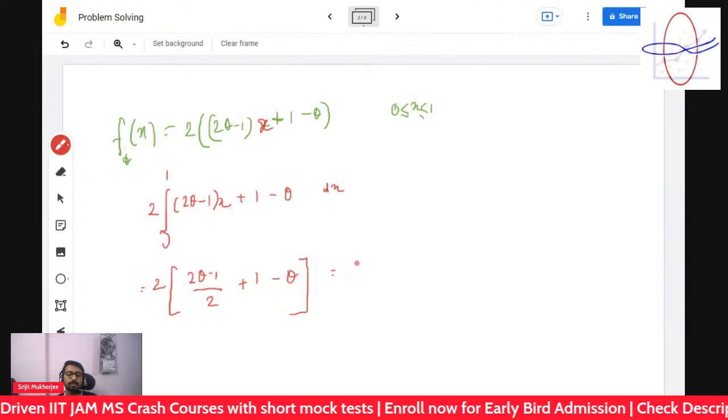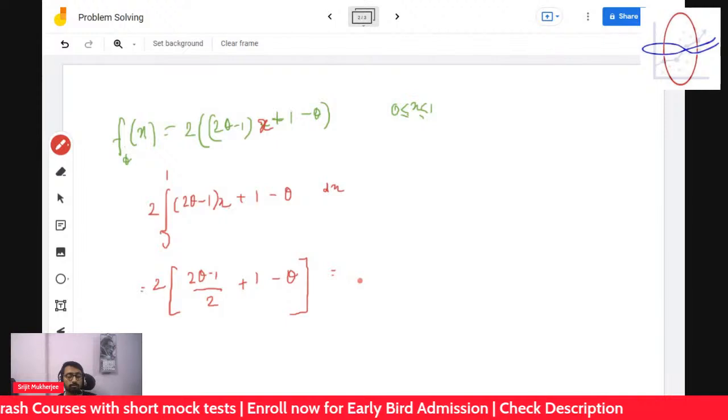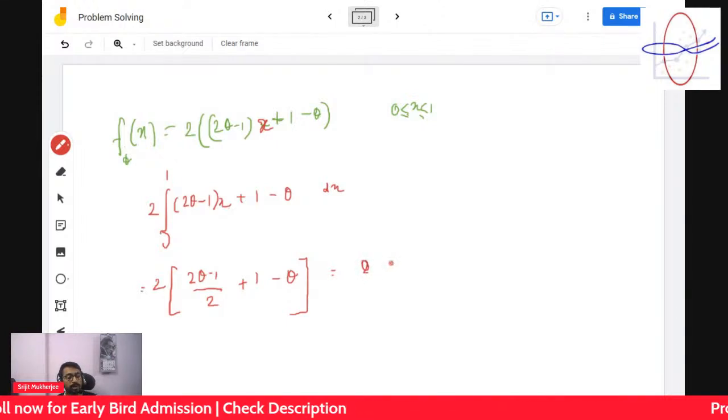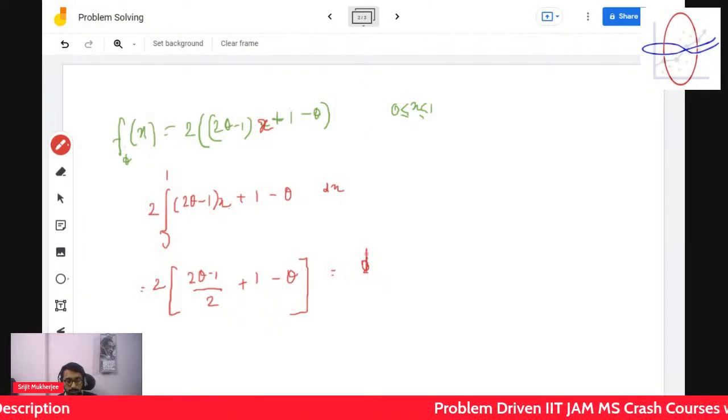It's turning out to be 1, so it's a valid PDF.